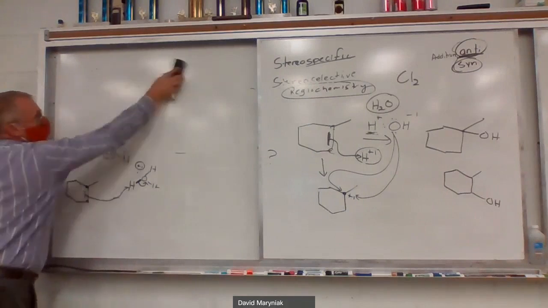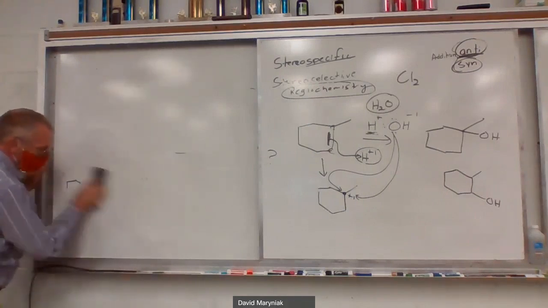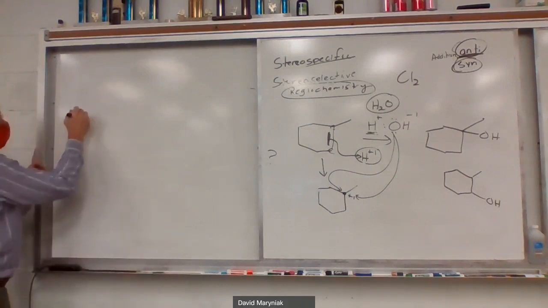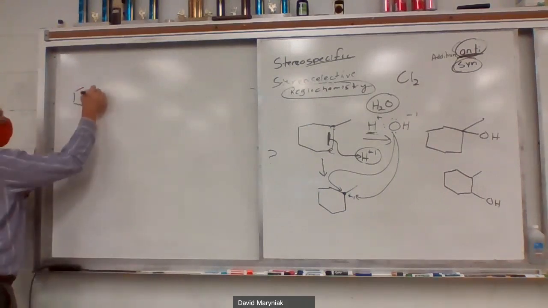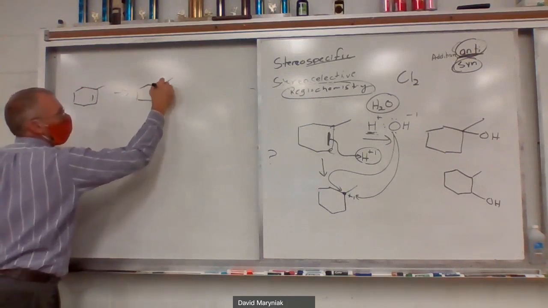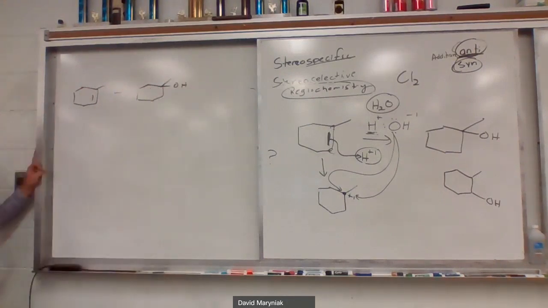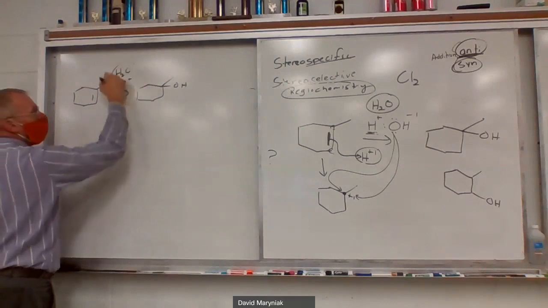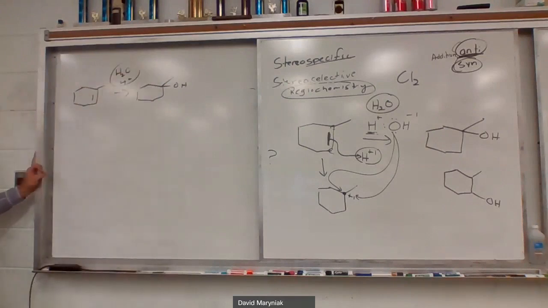So oxymercuration, demercuration is a way to do the same reaction we did, which would be called hydration of an ene, to give the Markovnikov product, only it avoids using those rather harsh conditions.